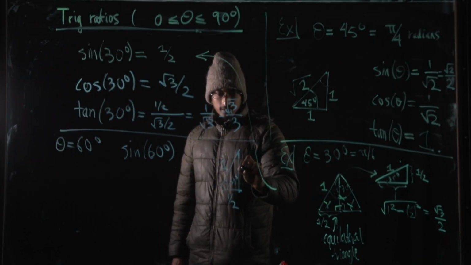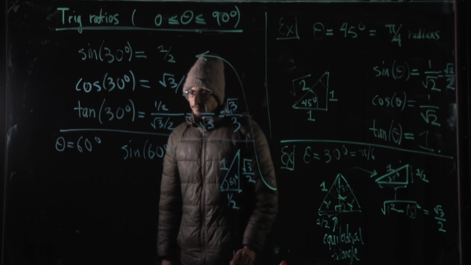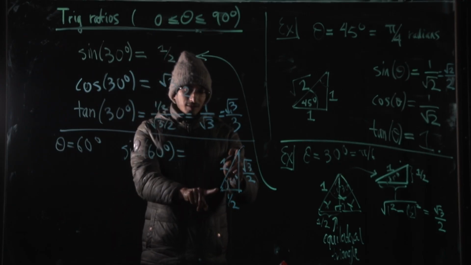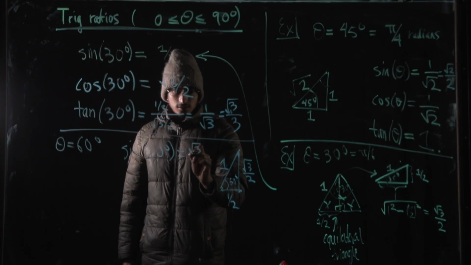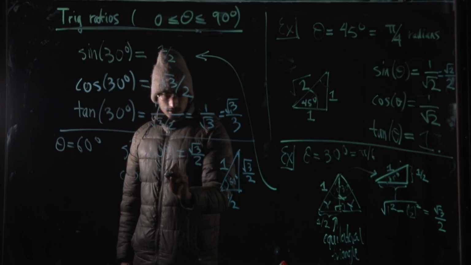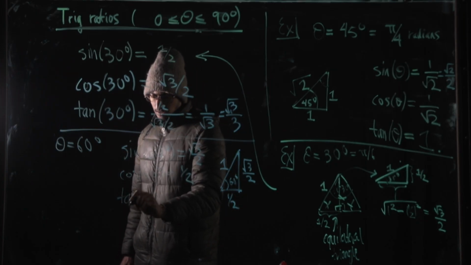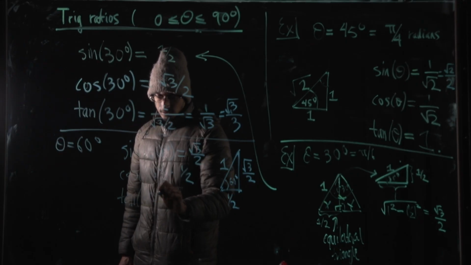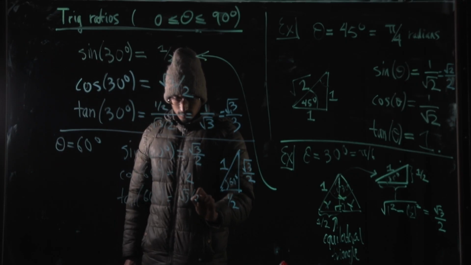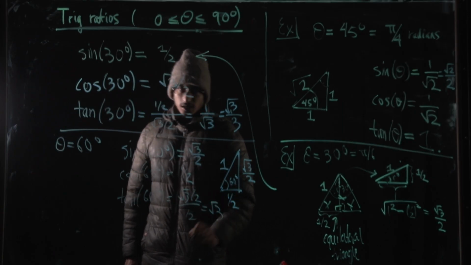And this side, as before, will be the square root of 3 divided by 2. Sine of 60 is opposite side over hypotenuse. Cosine of 60 is adjacent side over hypotenuse. Tangent of 60 is this side over this, which is the square root of 3.